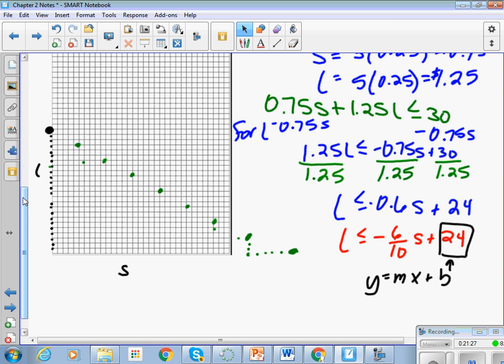Even though my graph ran out, I have to keep going because that is in my reasonable range.